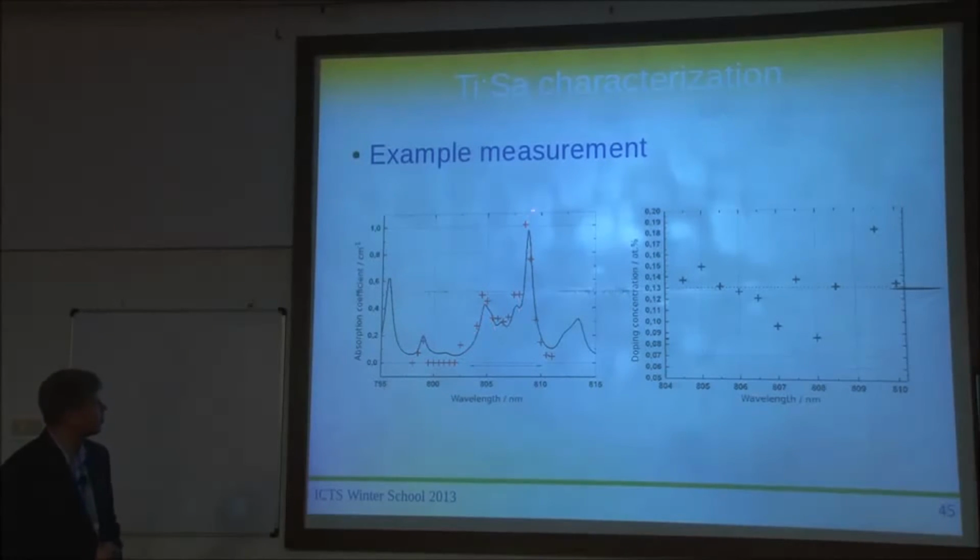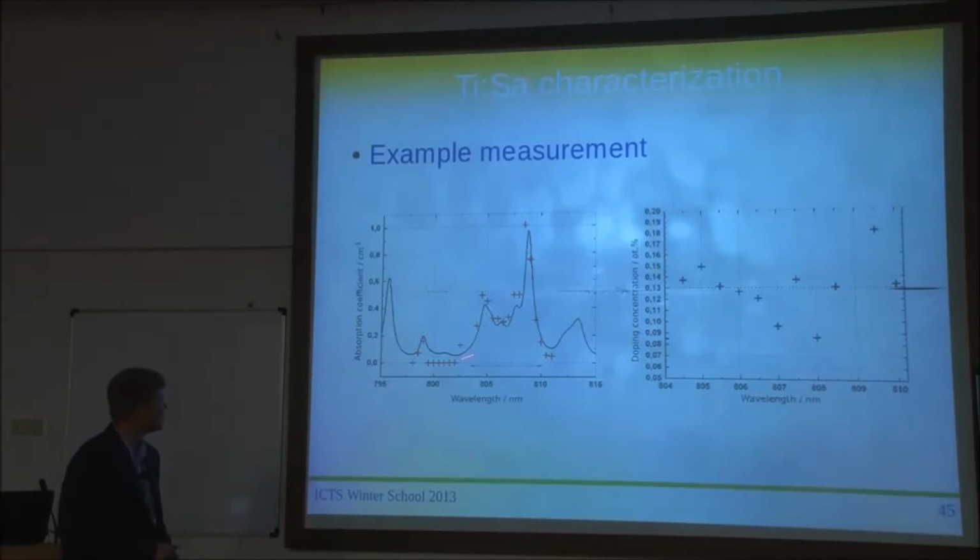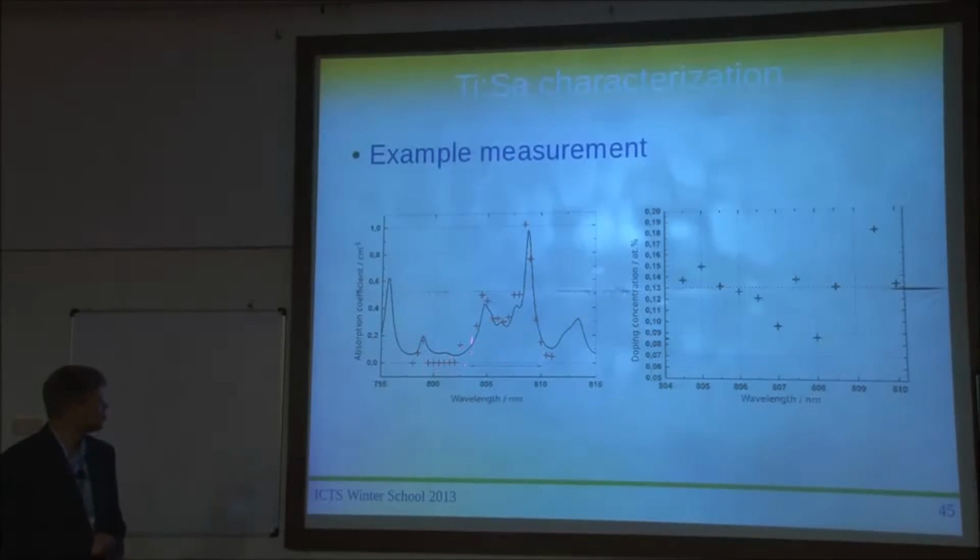But here at this point where you do have some absorption, so we normally use this peak here for pumping that laser crystals, you got all these little dots, and then you can tell how big the doping concentration is. So this scale here is with regard to the black curve, and these red dots here are kind of scaled because I wanted to show that the shape of these data points kind of follows this curve here.